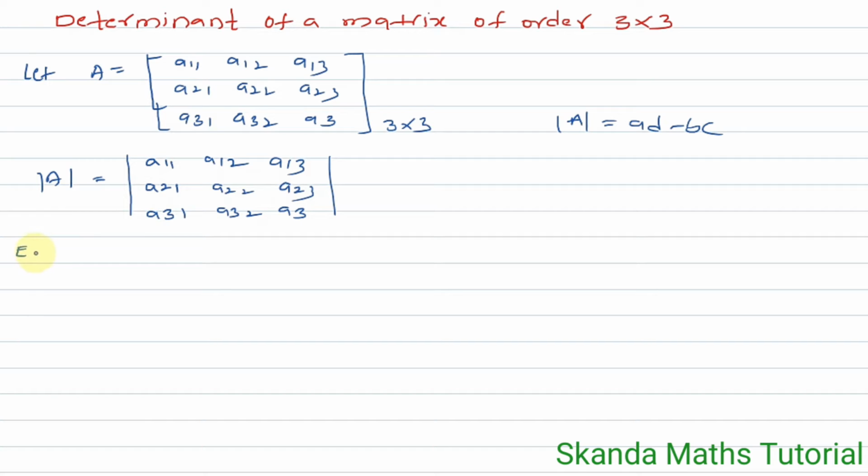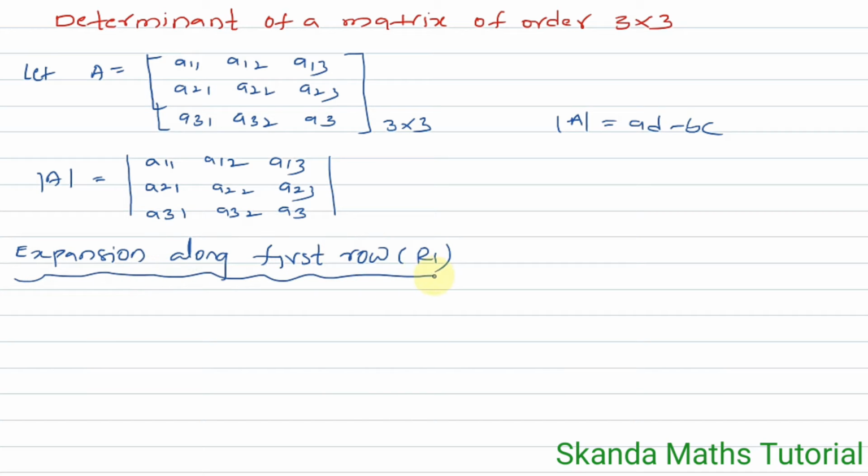So I am writing expansion along first row, that is R1, expansion along R1.